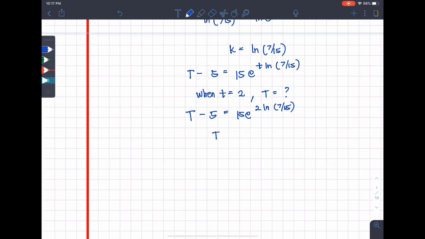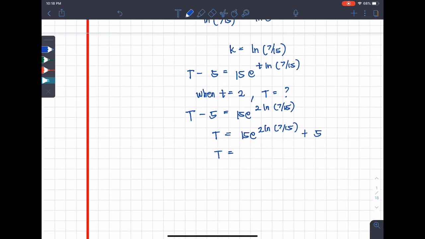Or that would be simply T equals 15 e^(2 ln of 7 over 15) plus 5. So giving us the temperature. Let me calculate it. So 15 e raised to 2 ln of 7 over 15, and then plus 5.